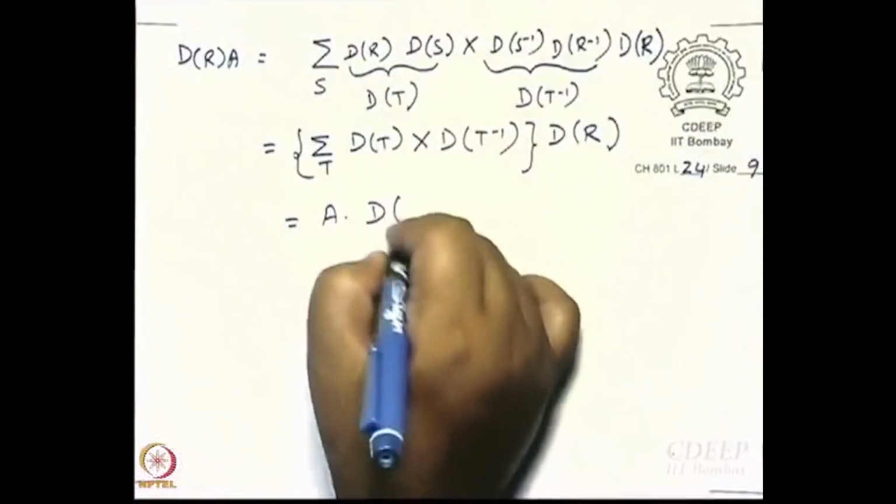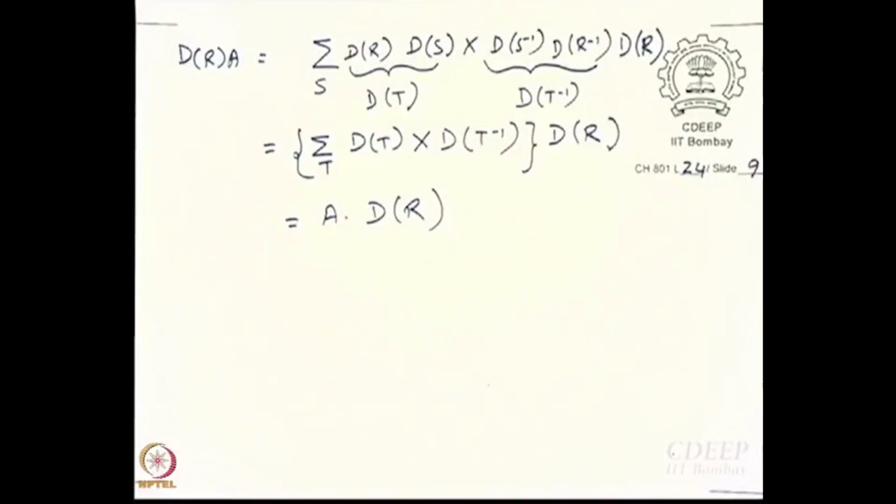Sum over T dt x dt inverse. That is A. It is just that instead of S, we are calling it T. But as Shakespeare had said, what's in a name? It is still a generic symmetry operation, fine, right? So it's A dr, commutation is proved.